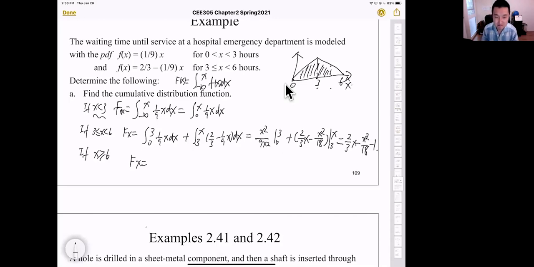Anybody have an idea, without calculation? The cumulative function is defined as the probability, or the area under the curve, less than a certain value x. And it equals 1, because the area under this triangle is 100%, or 1. When x is larger than 6, all the possibilities added together equal 1. So without calculation, we know it is equal to 1.